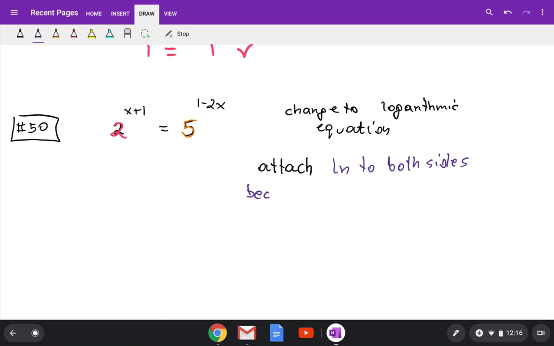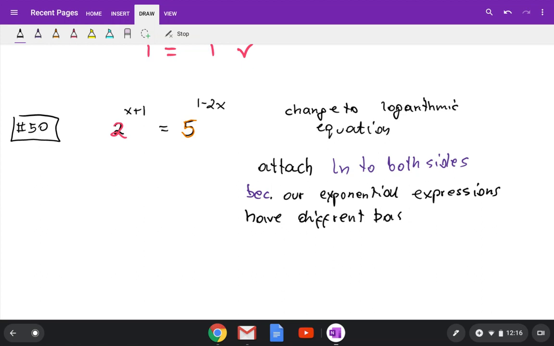because our exponential expressions have different bases. Like you see, we have base 2, base 5.